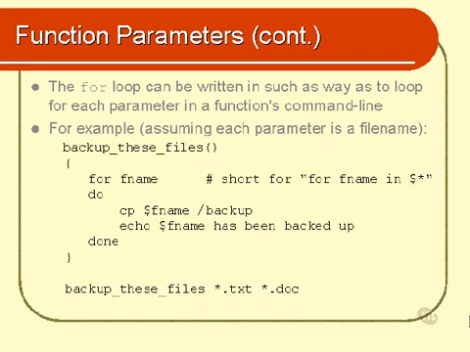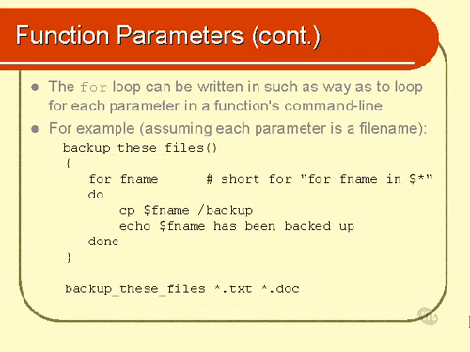Now, incidentally, how many parameters is backup_these_files actually getting? How many parameters are there on the command line? Well, the answer is surprising. It is not 2. If you said 2, you'd be mistaken. Well, it's not necessarily 2, I should say. Let's say there were 5 files in that directory that ended in .txt, and there were, let's say, 6 that ended in .doc.